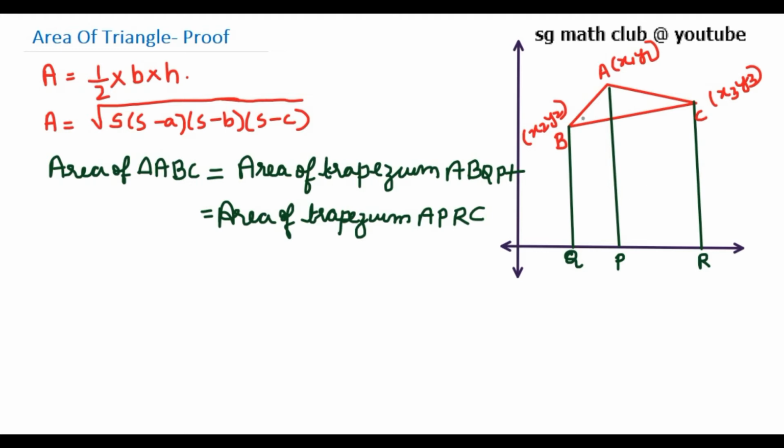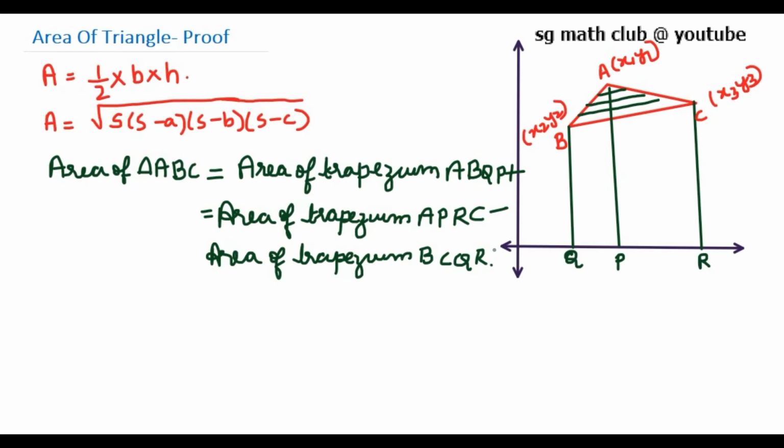So we got this full thing, but we want only the area of this triangle. So now we need to subtract the area of the third trapezium, that is BCQR, minus area of trapezium BCQR. So that will give you the area of triangle ABC.